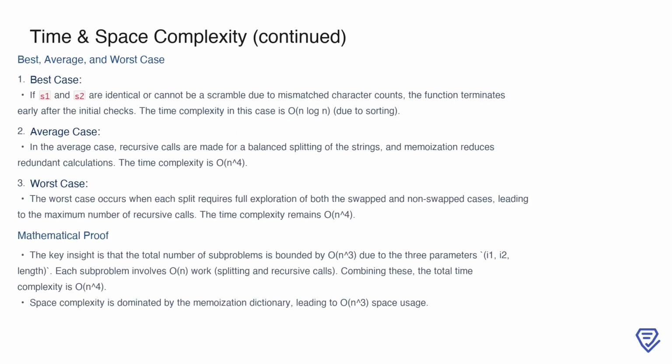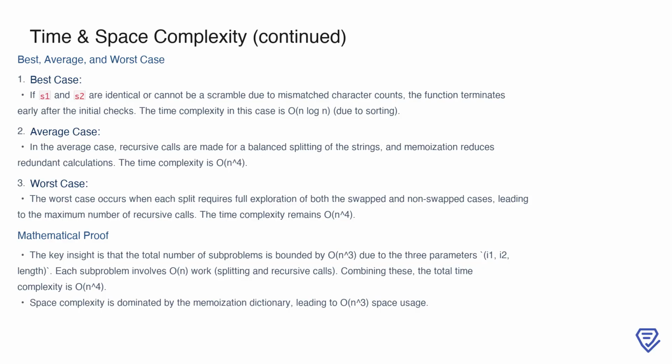Considering the best, average, and worst cases provides further insight into the solution's behavior. In the best case, if S1 and S2 are identical or if their character counts don't match, the function exits early after the initial checks. Here, the time complexity is n log n, dominated by the sorting step.